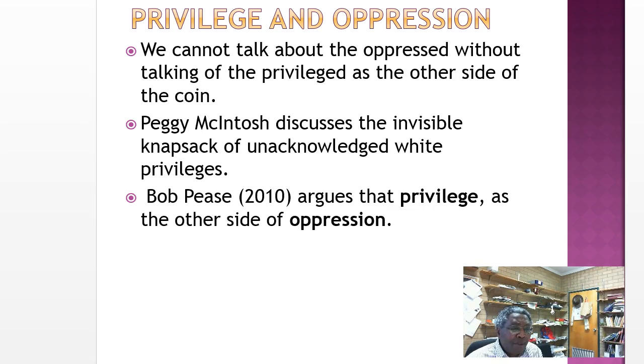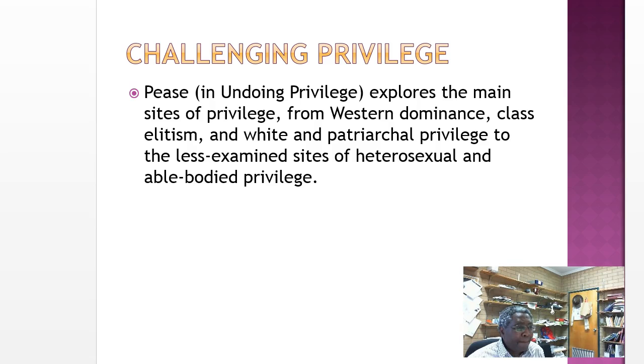People have a lot of focus on oppression and how oppression operates, but very rarely do they examine the privileges. He argues then that to address oppression, it's very important to address privilege or undo the privileges.